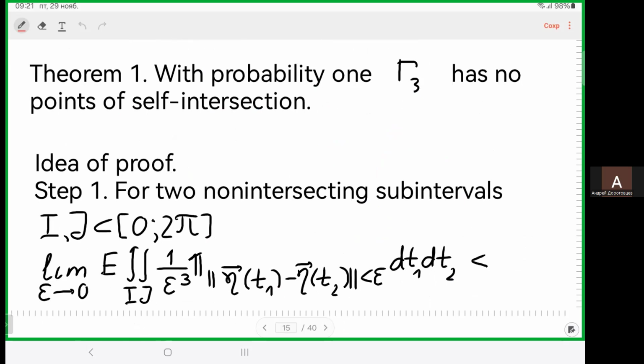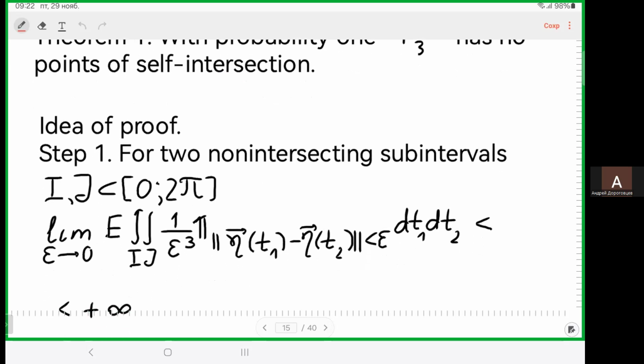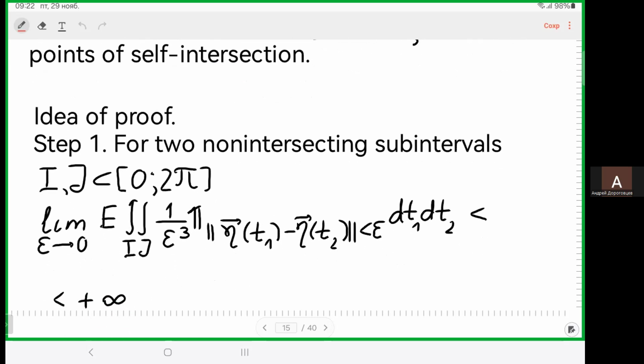The idea is the following. Let us consider two non-intersecting subintervals I and J of 0 to 2 pi. Then this expectation, 1 over epsilon cubed times the indicator that the difference between eta t1 and eta t2 is less than epsilon, has a limit as epsilon tends to 0, and this limit is less than infinity.